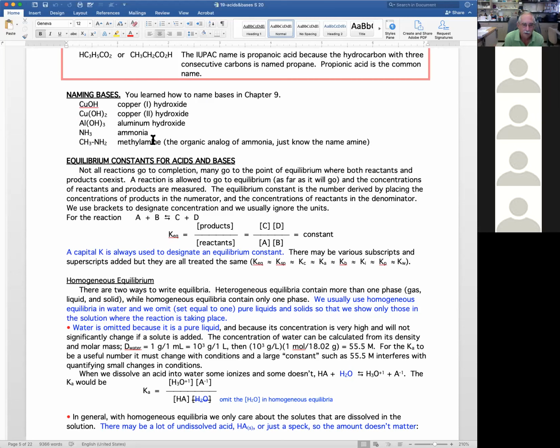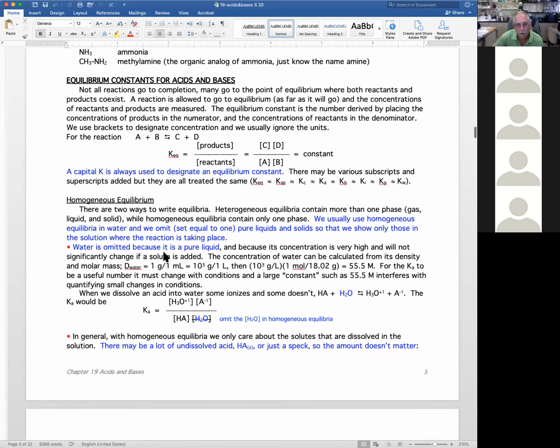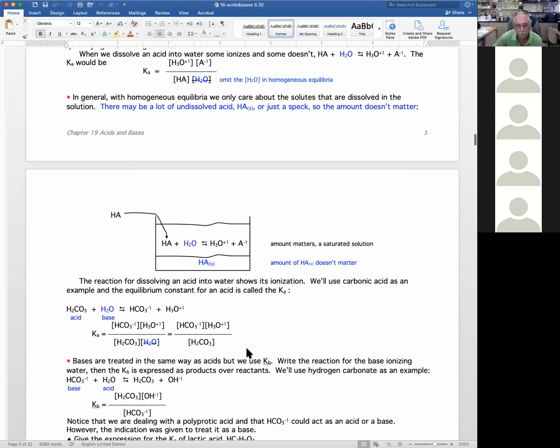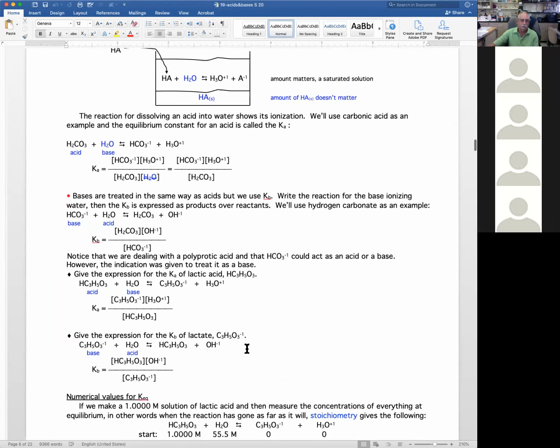And then we learned about equilibrium constants. So most of the time we use a homogeneous equilibrium, and when we do that, we leave out pure liquids and solids. We only care about what's in the solution where the reaction is taking place. That's all we care about. So for the equilibrium constant, here we leave out water, even though it's part of the reaction.